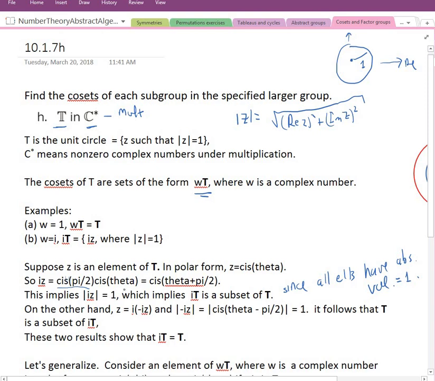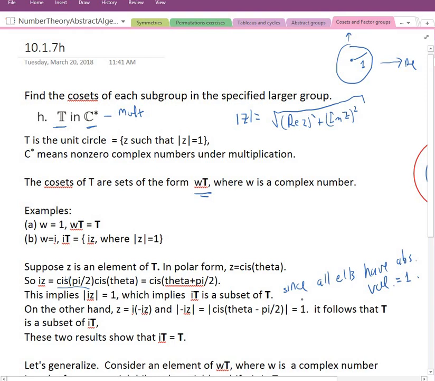But on the other hand, suppose I have a number Z in T. I can write that as I times minus IZ. If you use the associative law, the I and the minus I cancel. And the absolute value of minus IZ, well, minus I is cis of minus pi over 2. So minus IZ is cis of theta minus pi over 2, which still has absolute value 1.